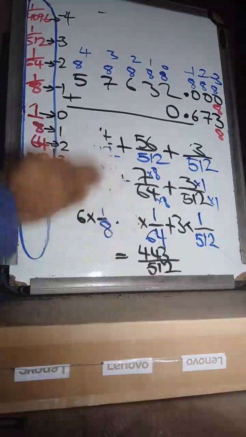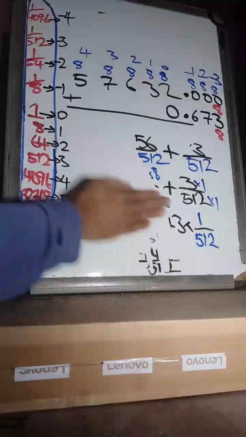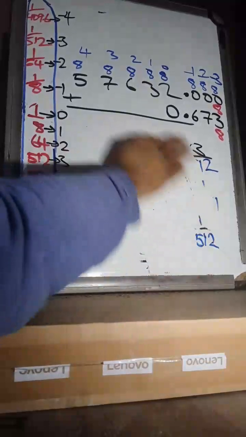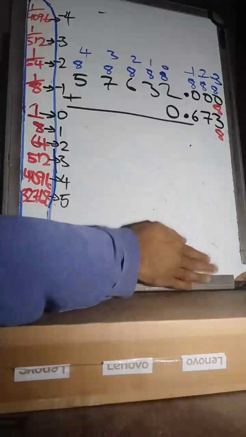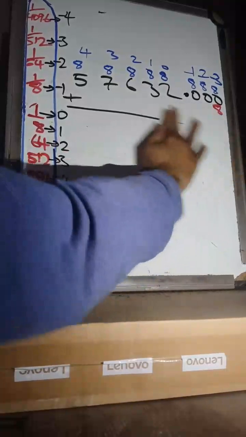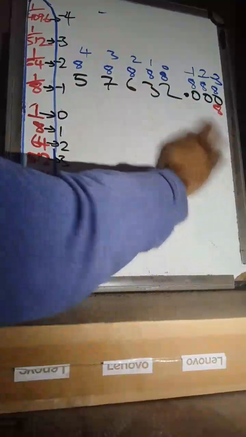But in the other case now, you don't have to worry so much about that because you don't have any fractions to deal with, right? So in this case now, up here, where all you have is the whole numbers, right?